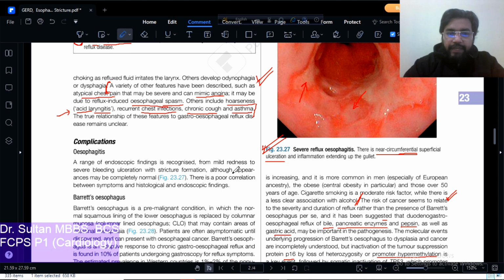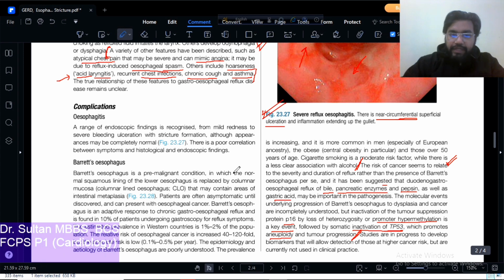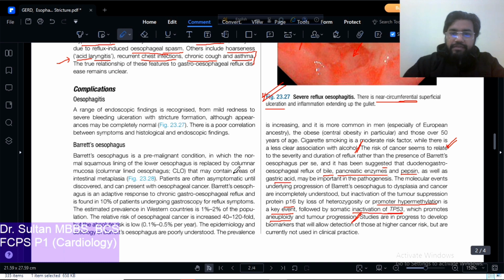When Barrett esophagus occurs, there is a change of lining, and the squamous lining of the esophagus is replaced by columnar mucosa. So Barrett esophagus is a pre-malignant condition, and there is some association with carcinoma or cancer.